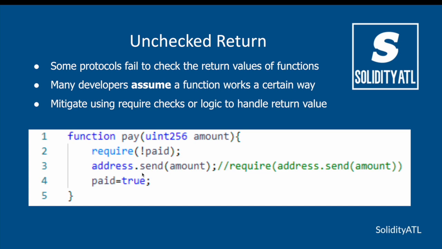So what's happening here is the developer has assumed that the send will go through. They have not made an alternate path to handle this return value. So this send is going to return true or false, but paid is always going to turn out to be true no matter if it was sent or not.